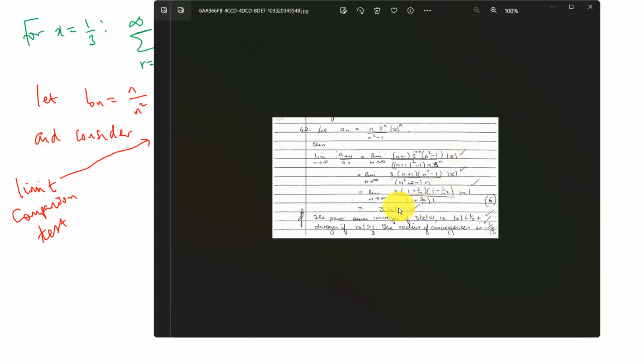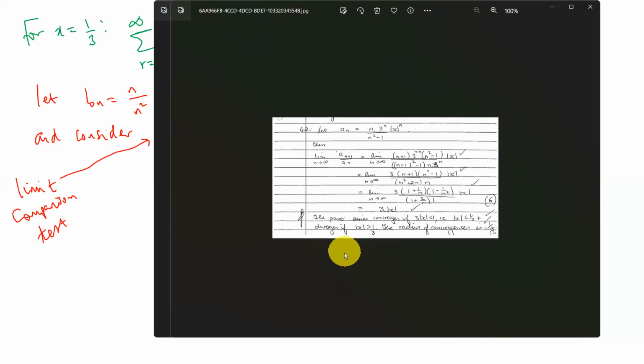They also got three times the modulus of x, divided by three like we did, and then they got that the modulus of x is less than 1/3, which is what we got. For convergence, they said the power series converges if it is less than one, which is what we said. I said for convergence, three times the modulus of x must be smaller than one. Dividing by three meant that the modulus of x must be smaller than 1/3. It diverges if it's bigger than that.